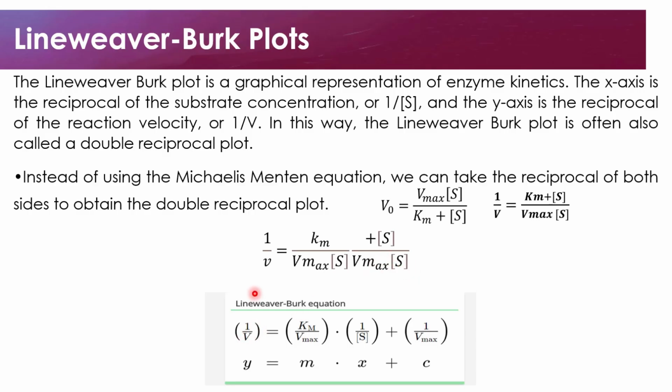If we cancel out, we end up with 1 over V equal to Km divided by V maximum times 1 over the substrate concentration, plus 1 over V maximum. If you equate this to the equation of a line, y equals mx plus c, you can see that our y is 1 over v, and our slope is Km over V maximum.